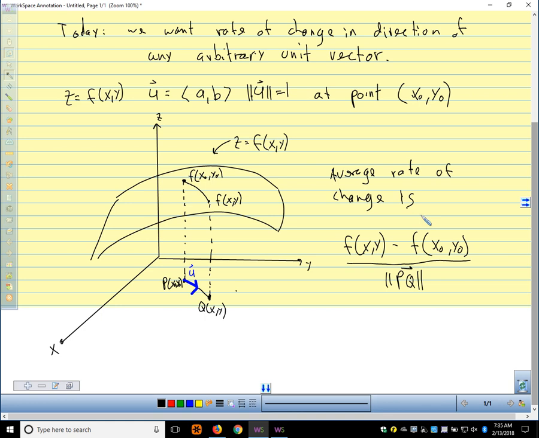So just a difference in the function value divided by the distance that we move in the direction of PQ. So that gives us our average rate of change. We're interested in the instantaneous rate of change, so we need to take the limit as the magnitude of PQ approaches 0. So that's what we're going to do to get our instantaneous rate of change.